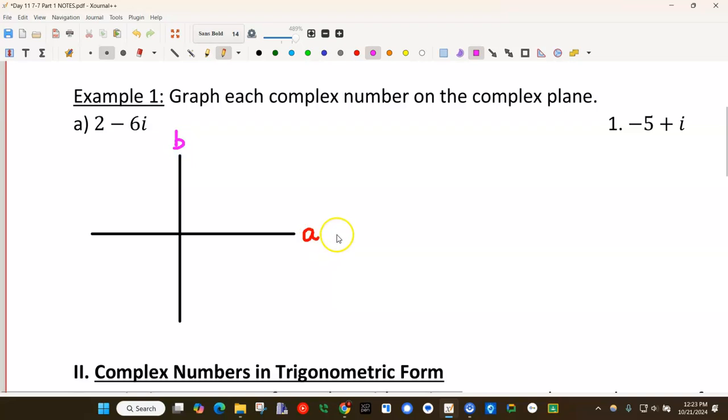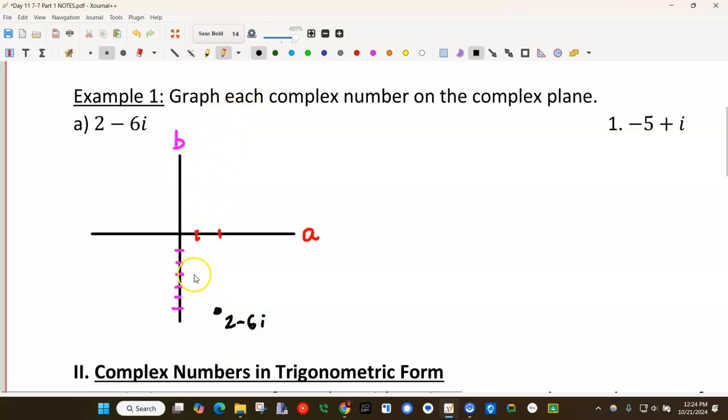Where a is the real number, in this case 2. 1, 2, right? And then b would be -6, so it'll be down 6. 1, 2, 3, 4, 5, 6. So this complex number can be graphed right here. So that's the complex number 2 minus 6i.